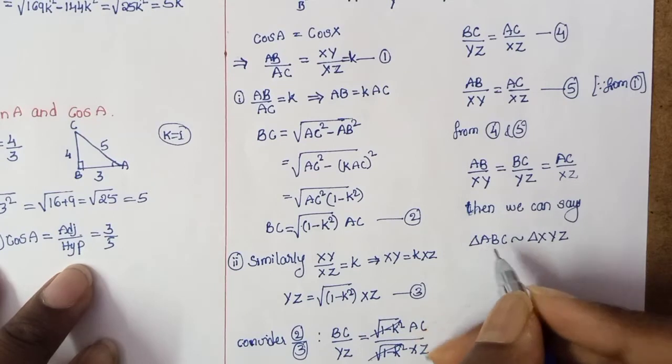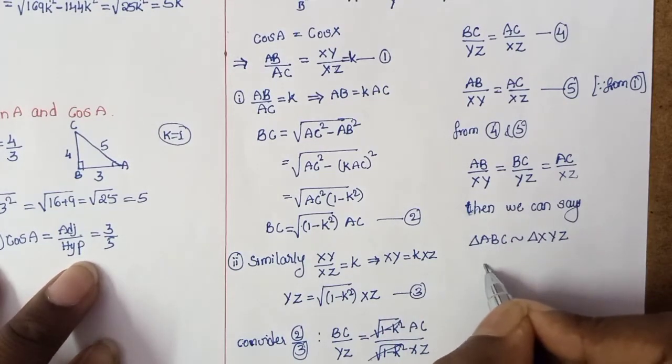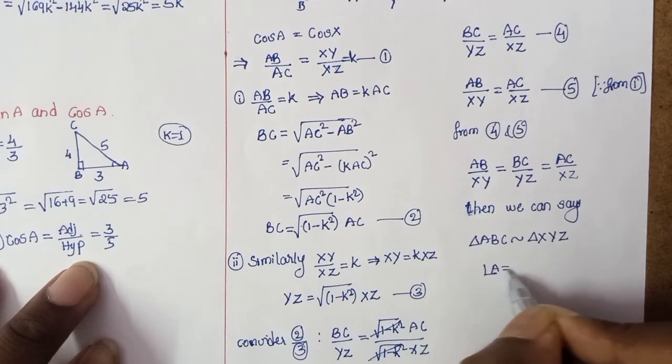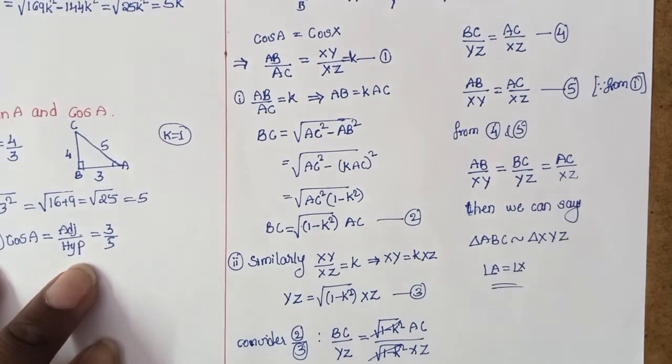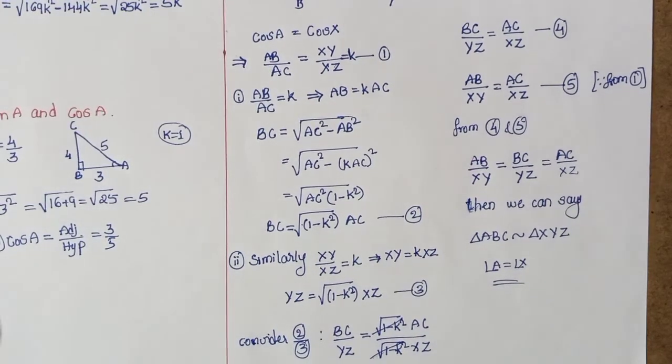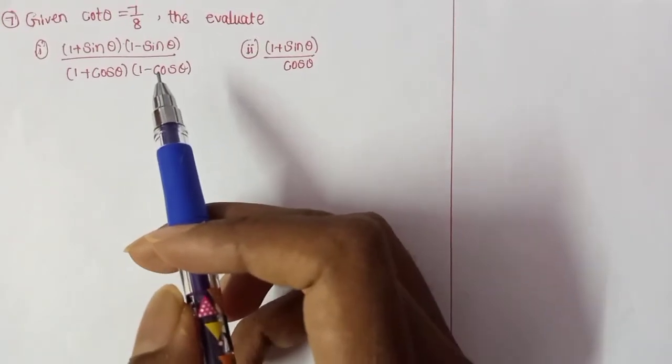So if triangle ABC and XYZ are similar, then we know that angle A is equal to angle X. So hence proved. This is the one answer. We will see the next problem.